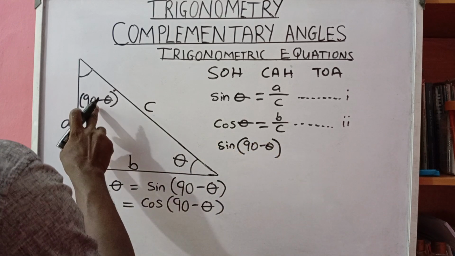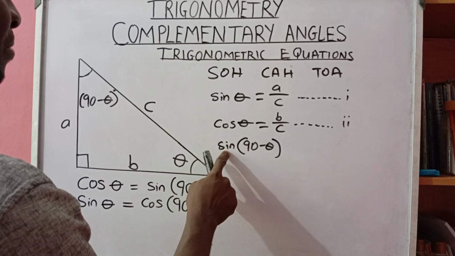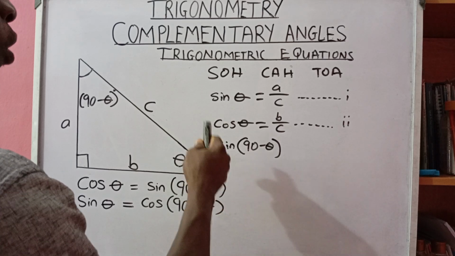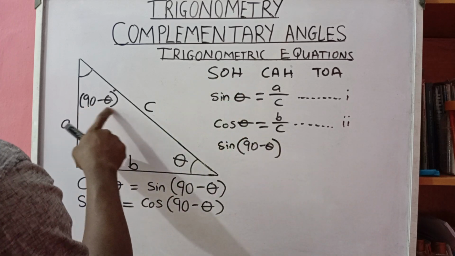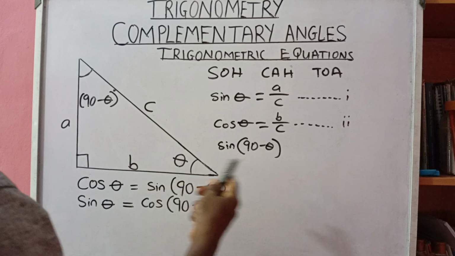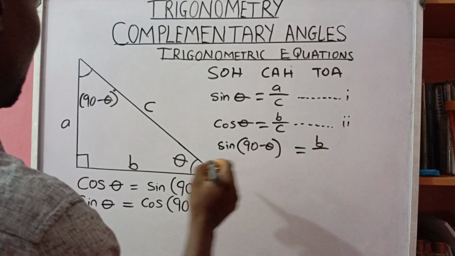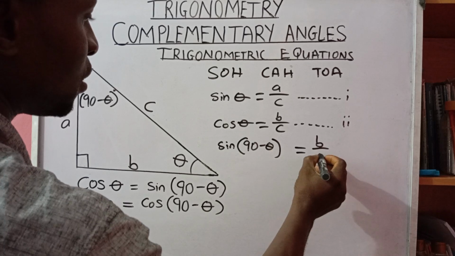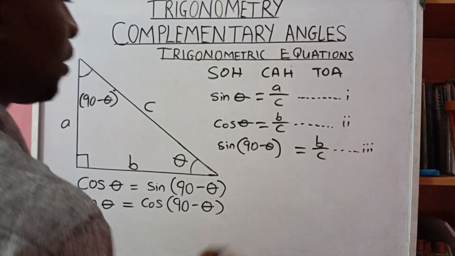This time around, we are using this to represent our angle. When we talk about sine, what comes to mind is opposite over hypotenuse. The opposite of this angle here is B, so B over hypotenuse, which is C. Call it my equation number 3.